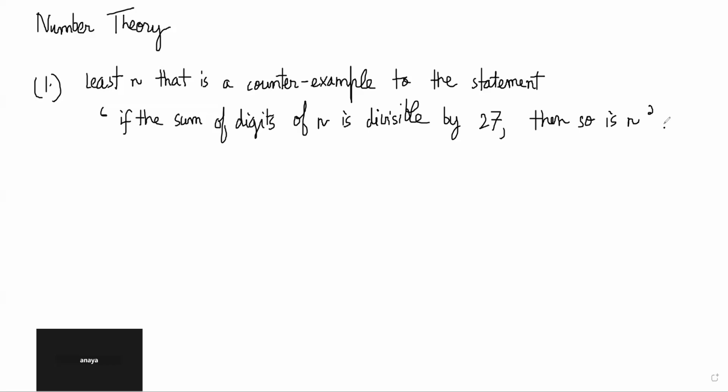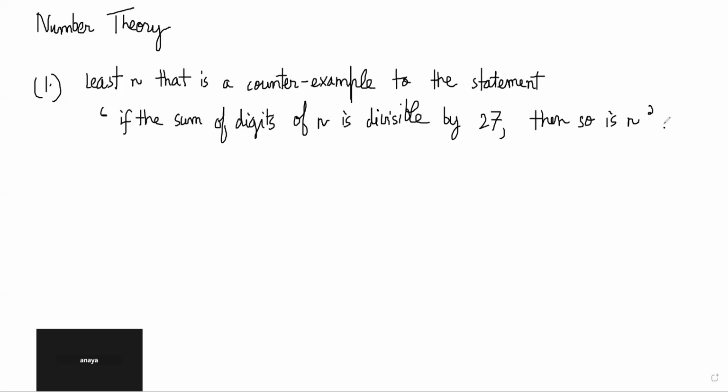Right. So 1899 is the next higher number, which is not divisible by 27, while the sum of the digits is 27. 1899 is actually 9 times 211.